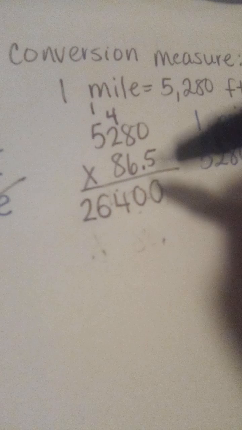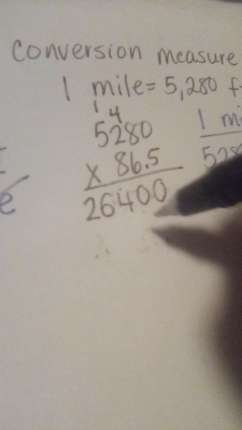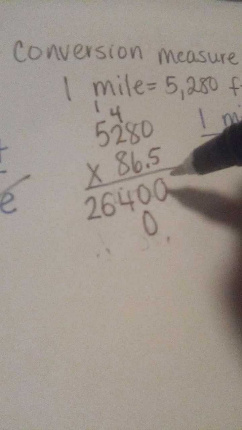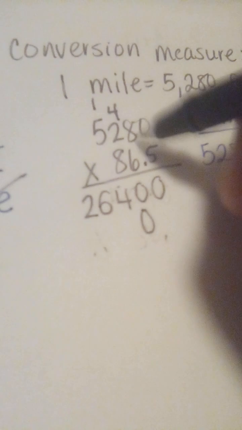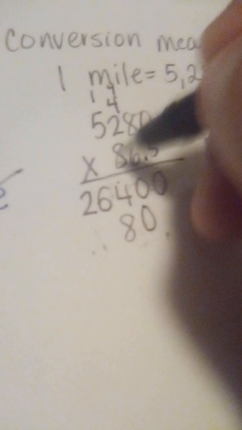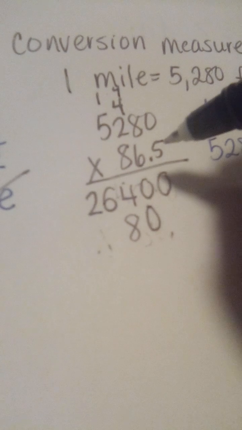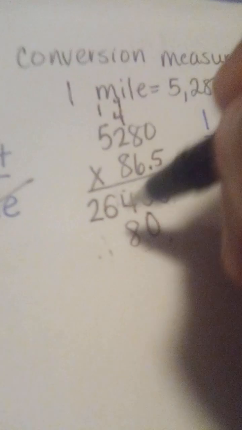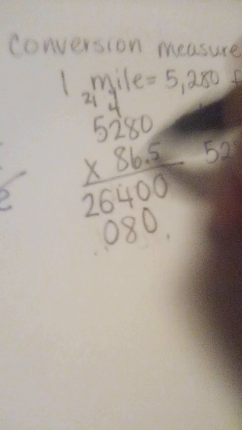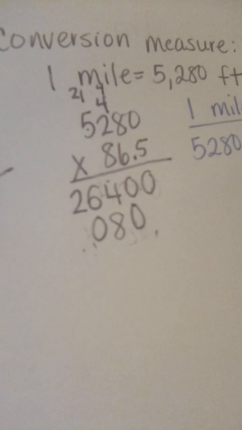All right. In the second line, we got 0 times 6 is 0. 8 times 6 is 48. Carry the 4. 2 times 6 is 12, add 4 more is 16. Carry the 1. 5 times 6 is 30, add 1 more, 31.